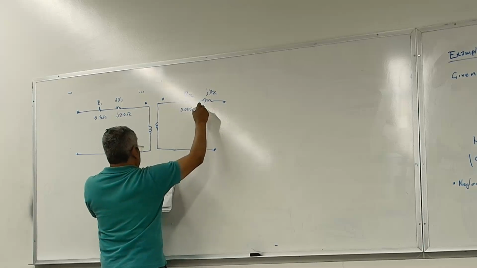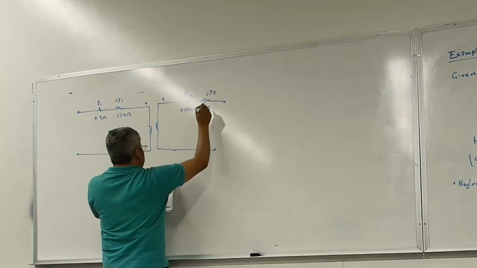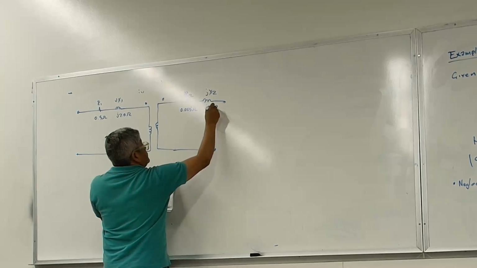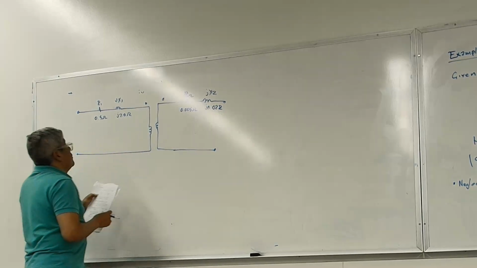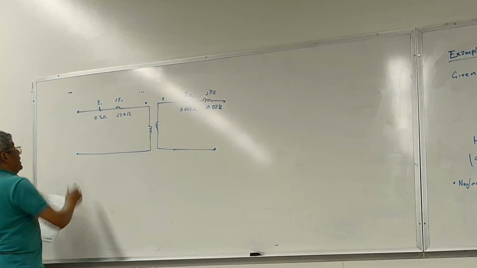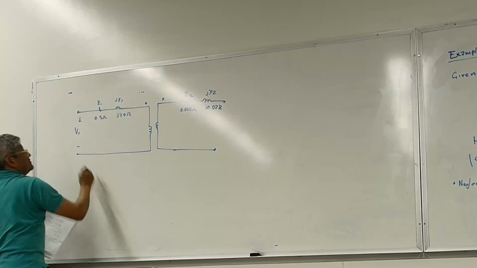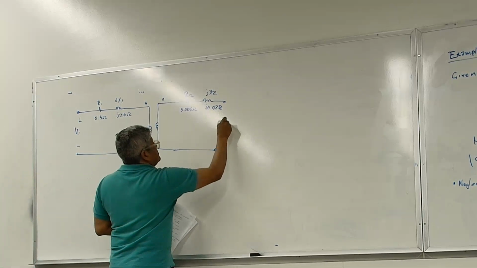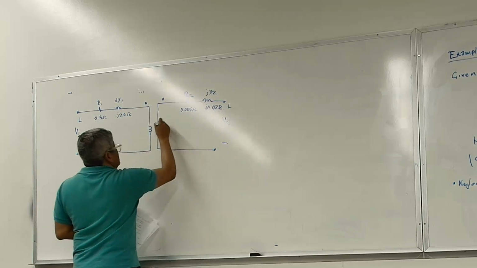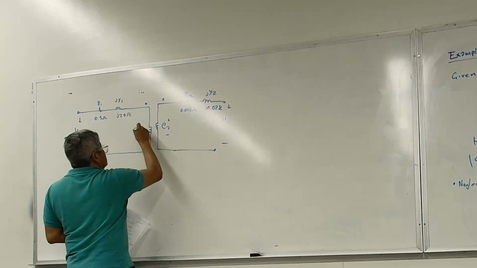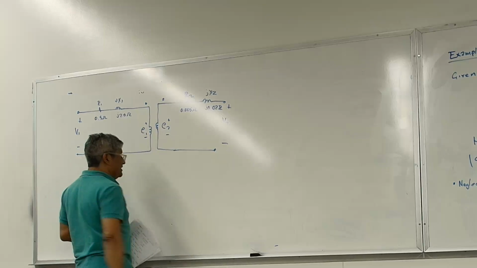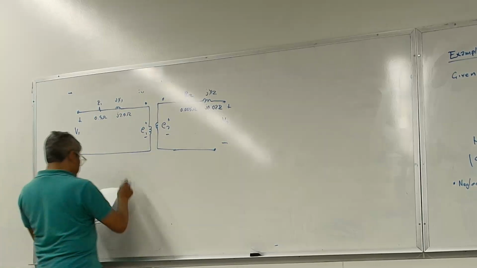And X is equal to J0.02 ohms. And this is, of course, V1 plus minus, V2 plus minus, E2 plus minus, E1 plus minus.